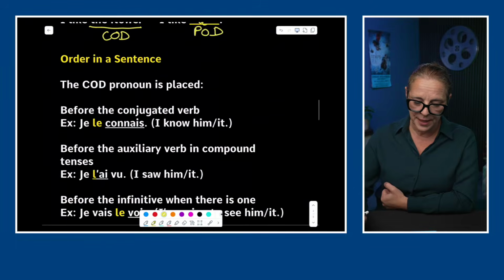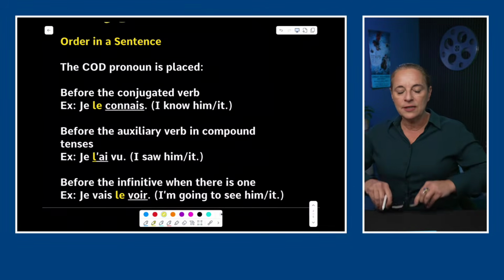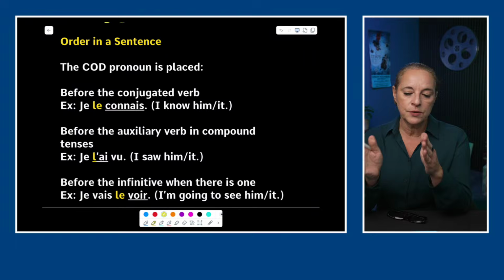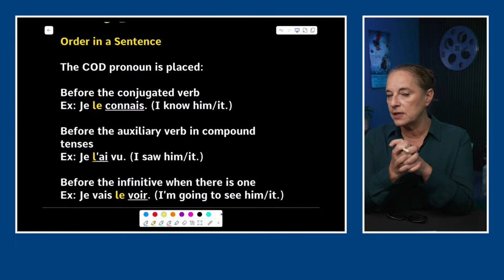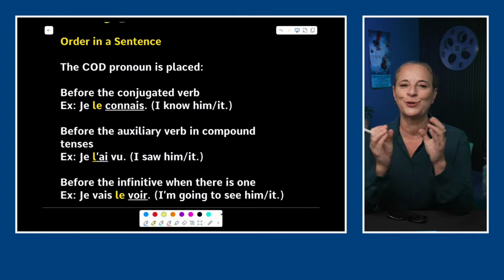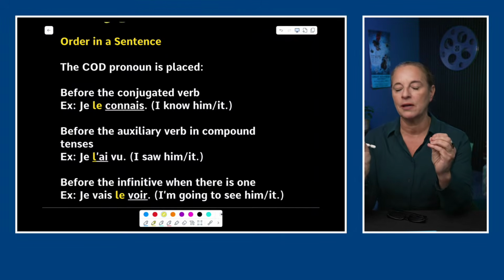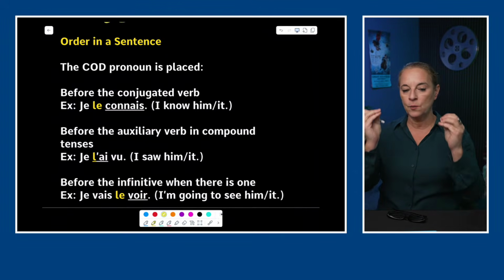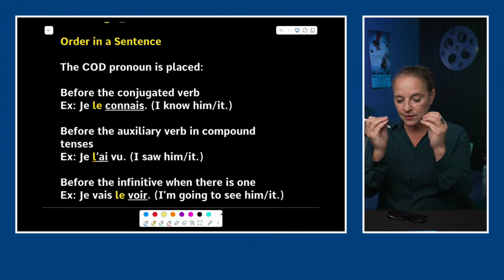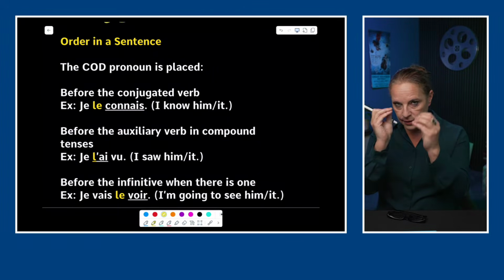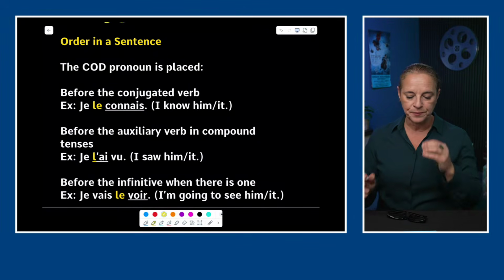All right? Now, the difficulty you're going to have, and this is why I don't want to go too much into details with the indirect object pronoun, because it's hard enough to grasp the direct object pronoun. We are going just to have a look at the positioning of a direct object pronoun.